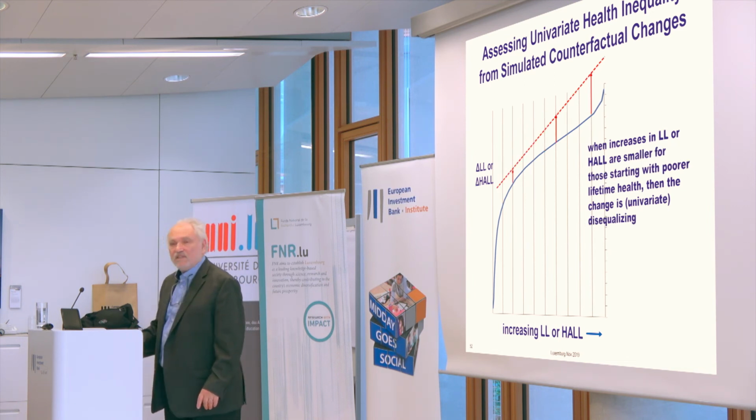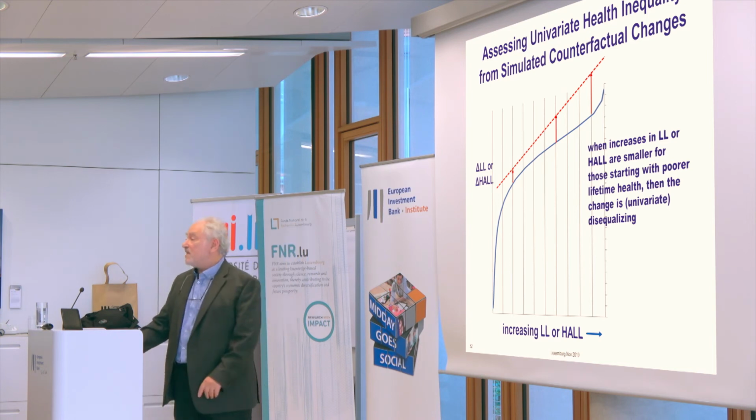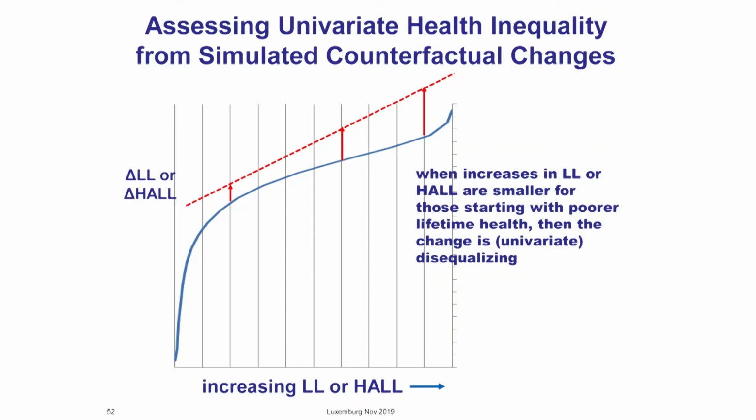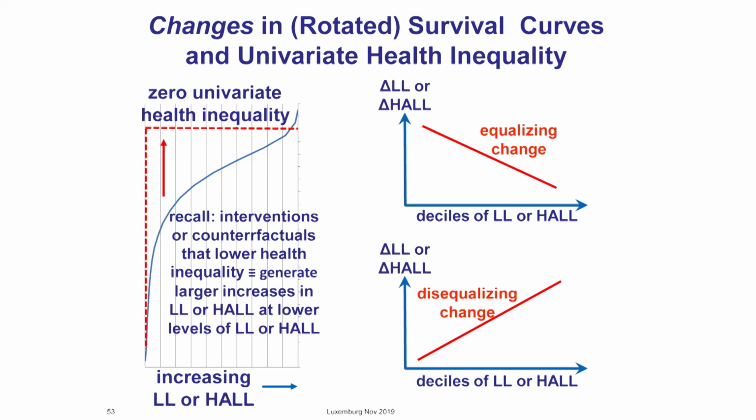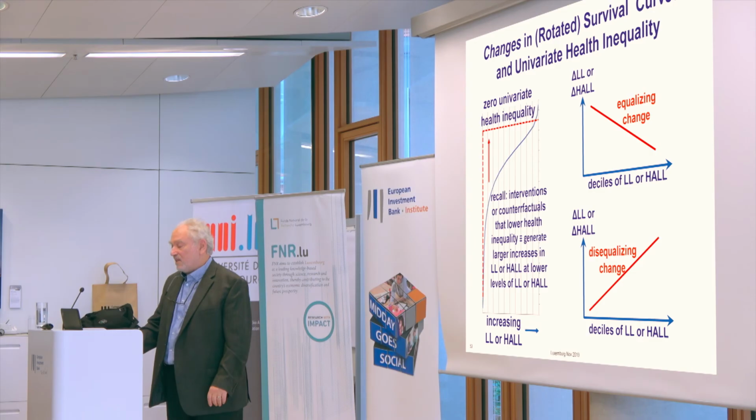And the opposite, if things go up more at the healthiest end of the horizontal axis, the health spectrum, that's a disequalizing change. So to summarize, I'm going to show graphs that have on the vertical axis the change in life length or the change in health-adjusted life length. So that would be an equalizing change and a disequalizing change.